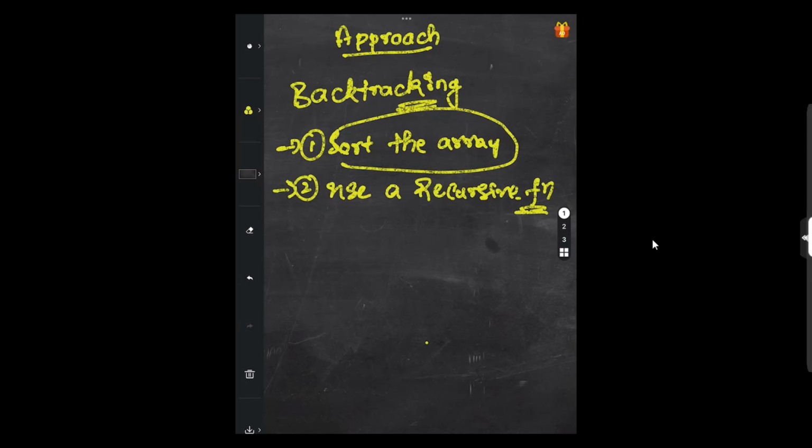Second, we have to skip the duplicate elements, which it does by avoiding the multiples. Third, it moves to the next index because we have to ensure each number is used exactly once. And the final thing is that it backtracks, meaning we remove the last added element if needed. So this is the approach that we'll be going with.